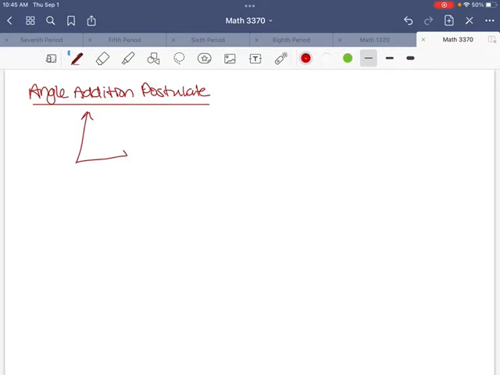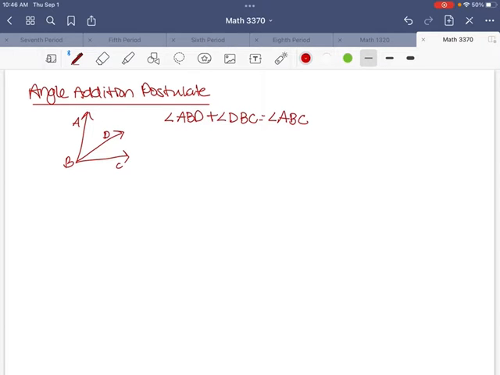If I have an angle, it looks like this, and let's say this is A, B, C, D. So the angle addition postulate also says that angle ABD plus angle DBC is equal to the angle ABC. Okay, so you can add the two small angles to equal the big angle, which I believe we all know, and it's probably common sense, but that's called the angle addition postulate.